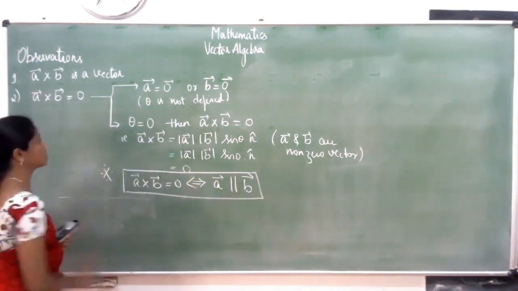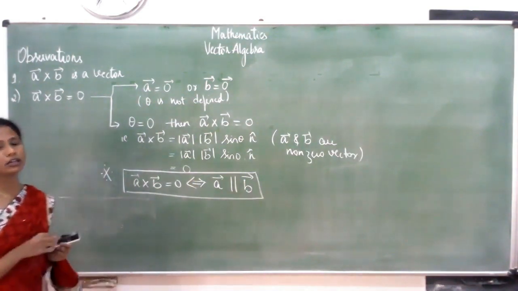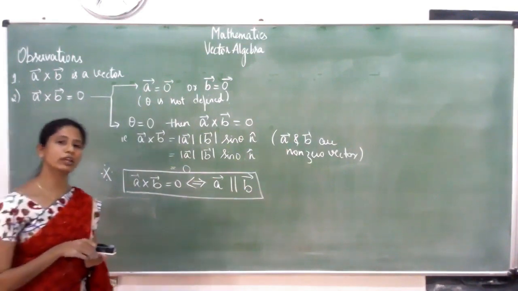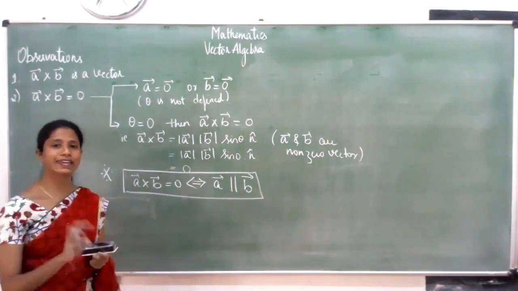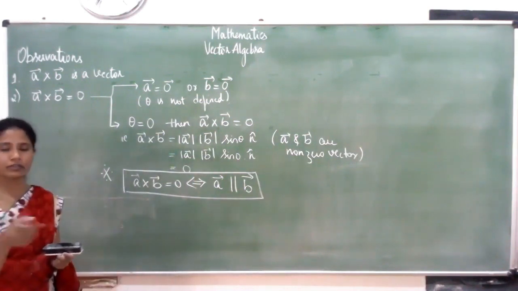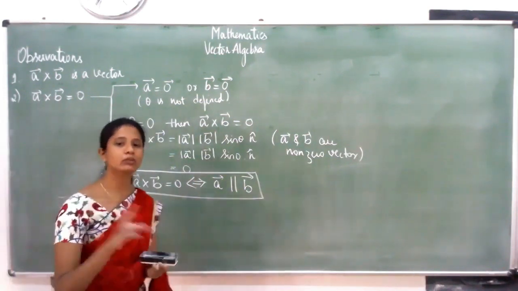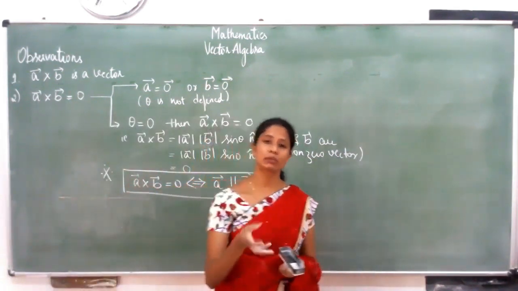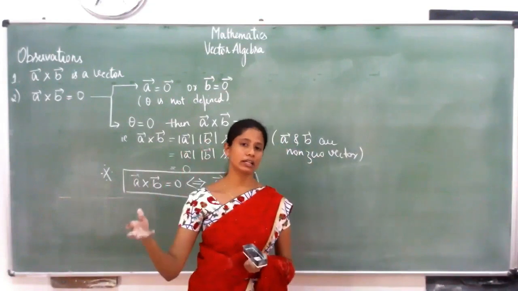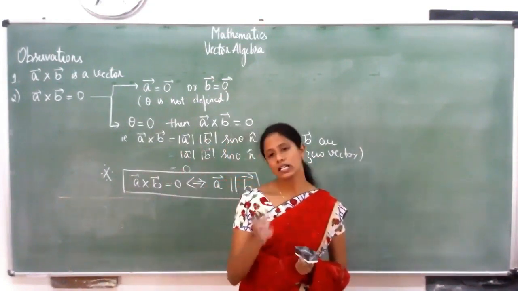I repeat this observation again. In observation 2, we have told that the cross product between the two vectors is 0. This can happen in two cases. The first case is where either one of the vectors is a 0 vector; then the product between a 0 vector and another vector will definitely be a 0 vector.